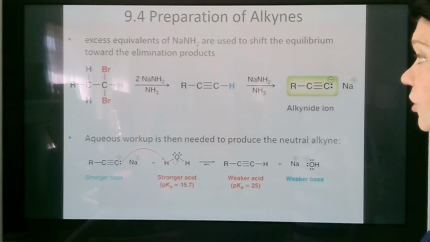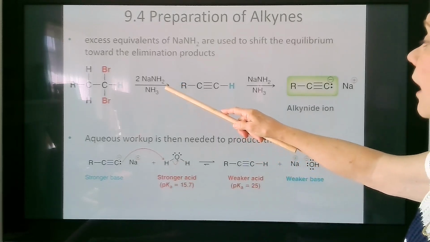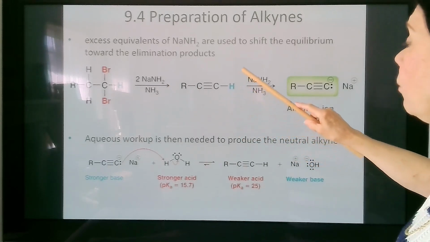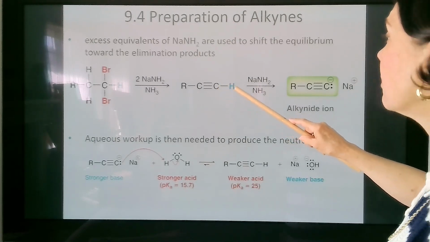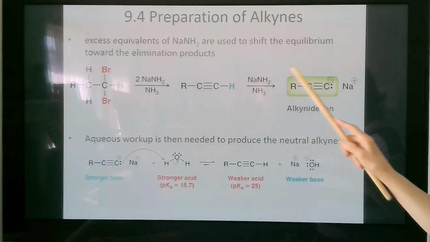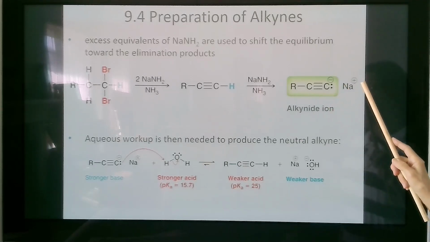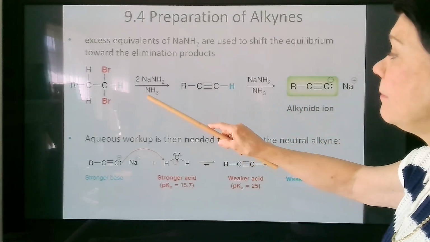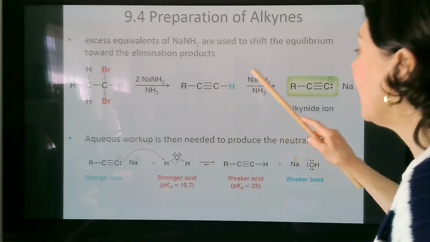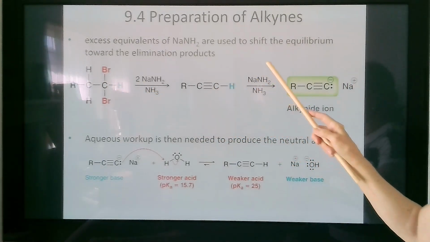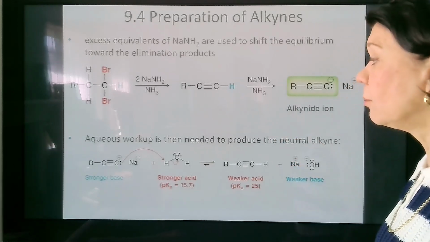So excess sodium amide is often used, and that means that once you get the alkyne, if it's a terminal alkyne, it will also deprotonate and give you the alkynide ion. So you'll use two equivalents to do the E2 eliminations, and then if you have excess in there, you'll remove some of the alkynyl proton.